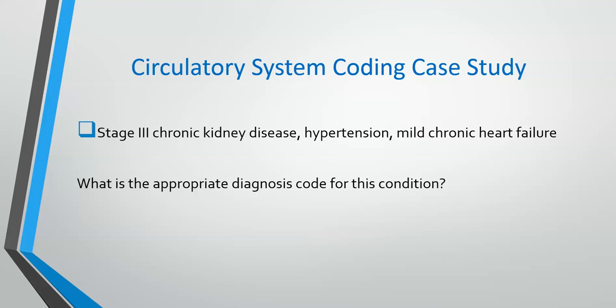So I50.9, and you reference that in the tabular listing. So you have 3 codes. You have the code for your hypertensive heart and kidney disease with heart failure, your stage 3 chronic kidney disease code, and then your mild chronic heart failure code.